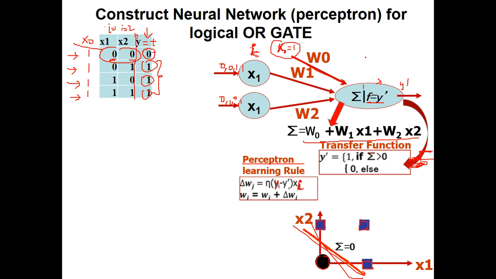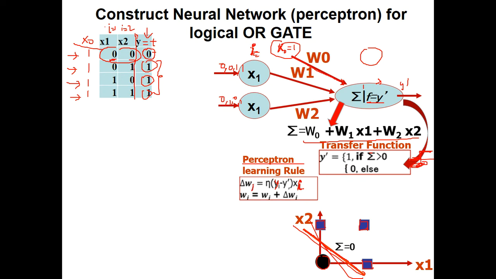If there could be more than 1 neuron at this layer, then we could have used 2 subscripts, ij. But in this case, only 1 neuron at the output layer, so j we are not considering, only xi. Here it is j, right?